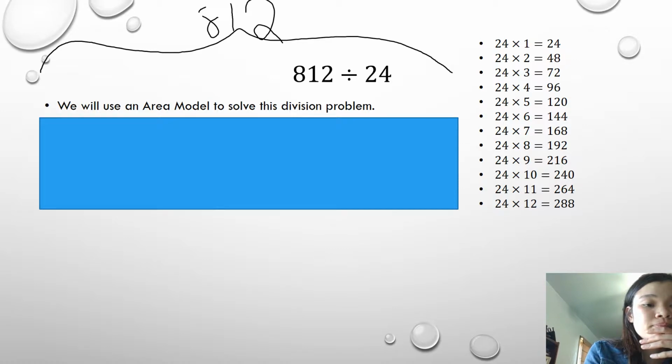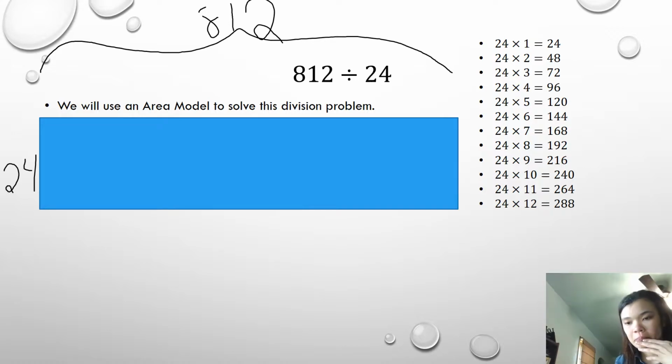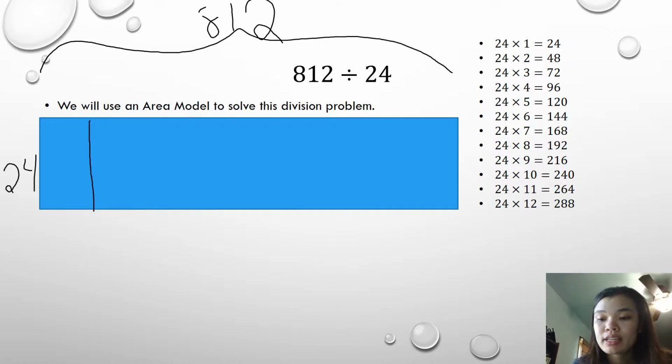So this one side is going to be 24. I'm going to erase that, but just remember that entire side is going to be 24, okay? Now, what I want you to do is first separate it. So this is going to be one section.